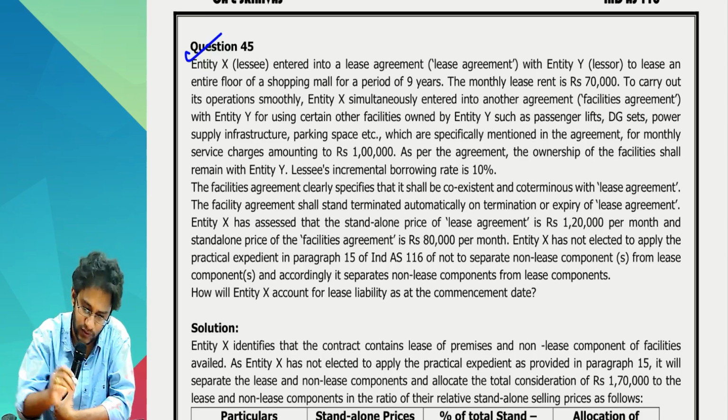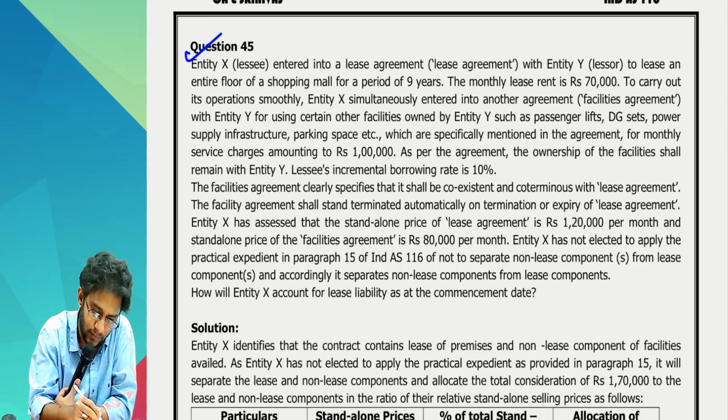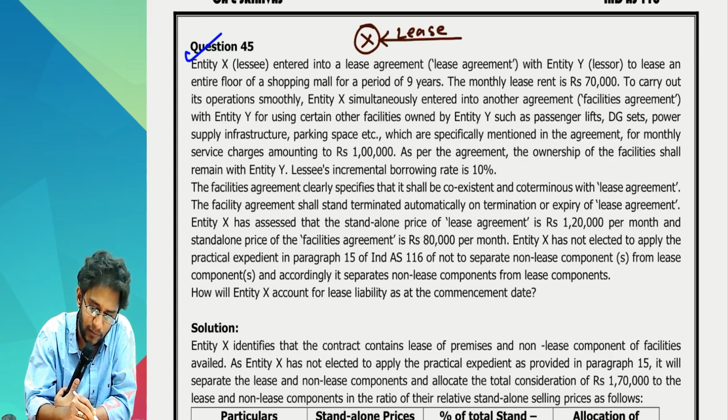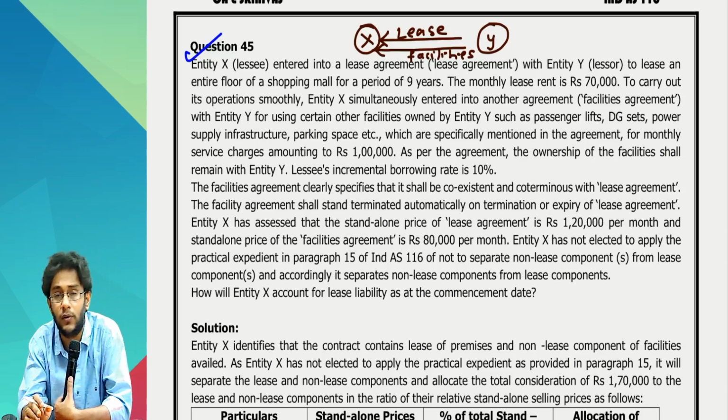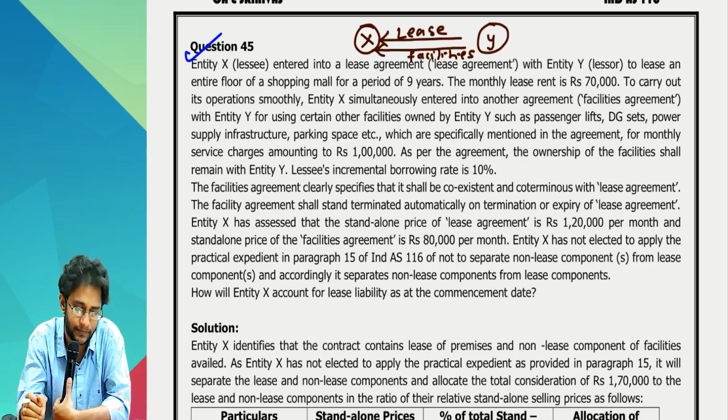Now, if you observe closely here, the lessee, X Limited, has entered into a lease agreement. Apart from the lease agreement, there is another agreement with Y where they are taking some facilities also. So, one is for lease of an asset, a particular floor which they are taking in a shopping mall. For that, anyway, rents will be paid.